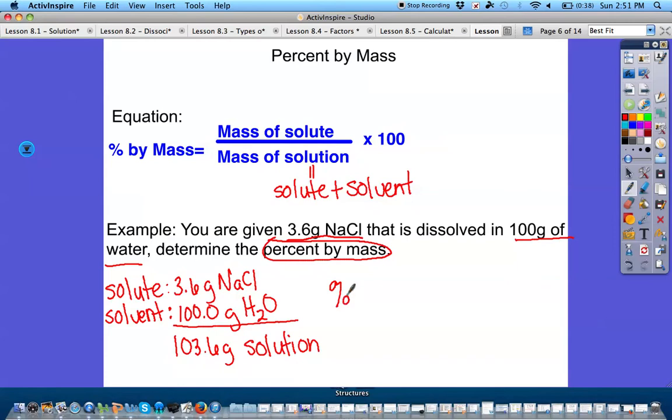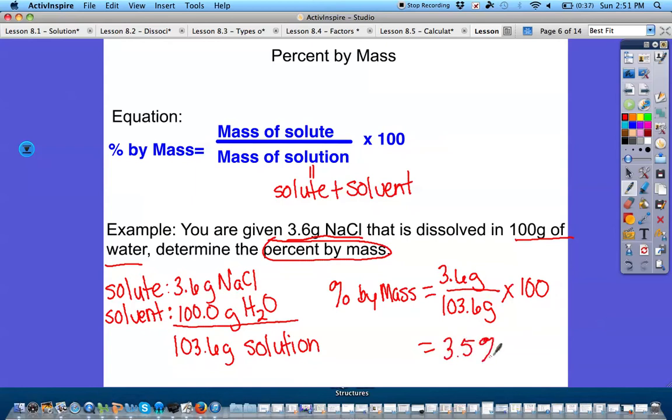So percent by mass equals 3.6 grams of our solute divided by the 103.6 grams of our solution, and multiply that by 100. And you should get 3.5% for your answer.